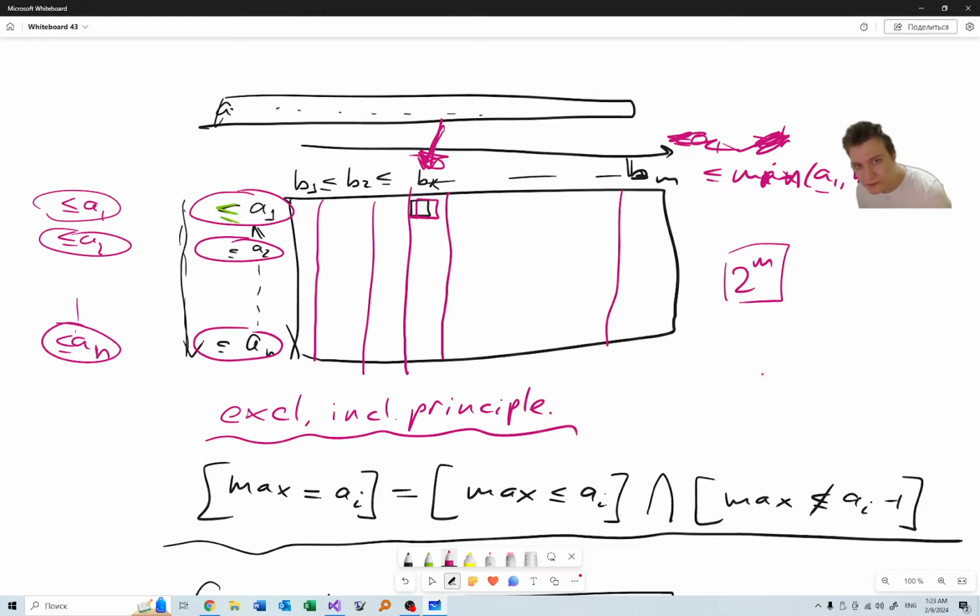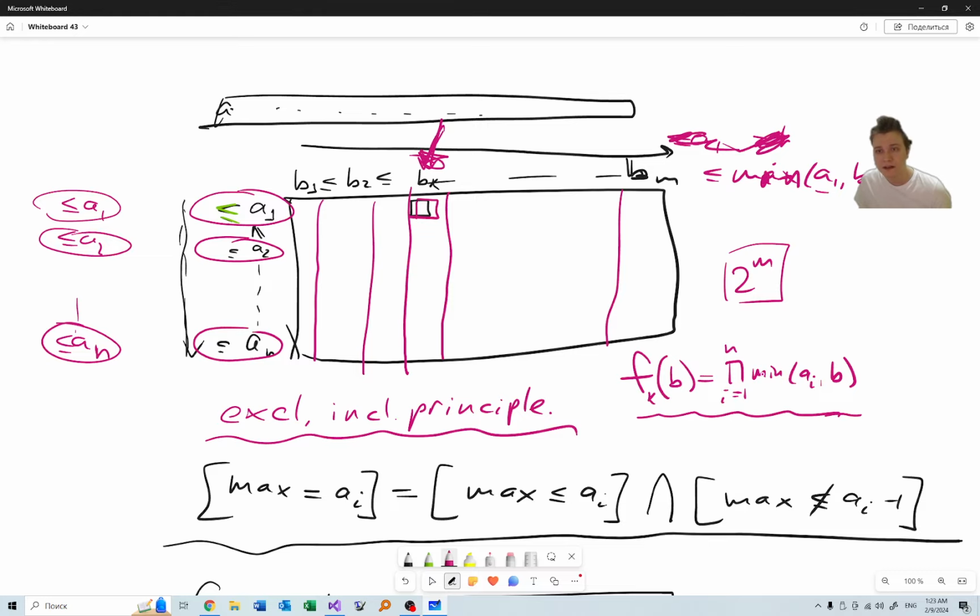So let's call f of b equals the product from i equals 1 to n of the minimum of ai and b. Then I actually just need to find the product from j equals 1 to m of f of bj minus f of bj minus 1.